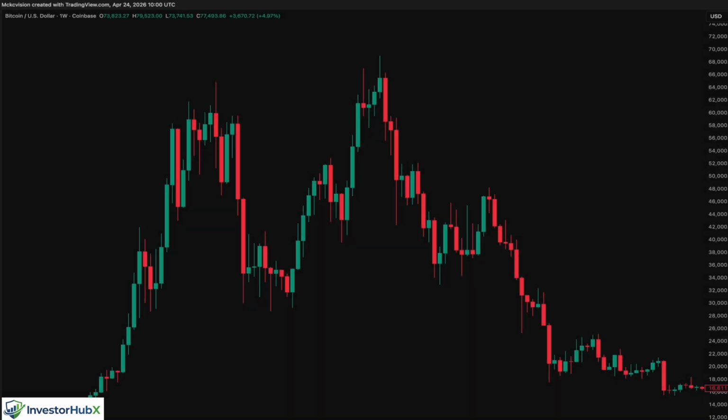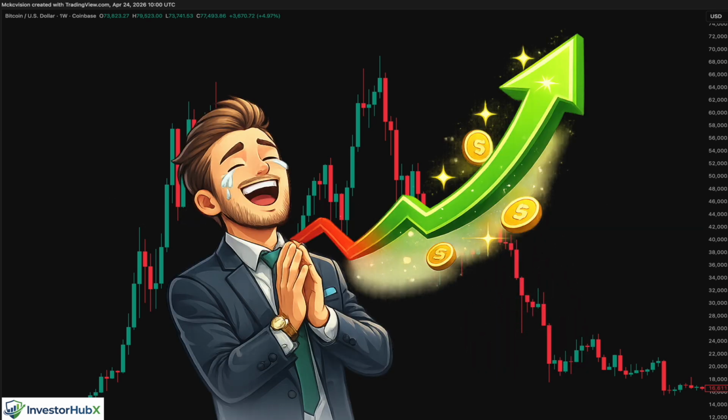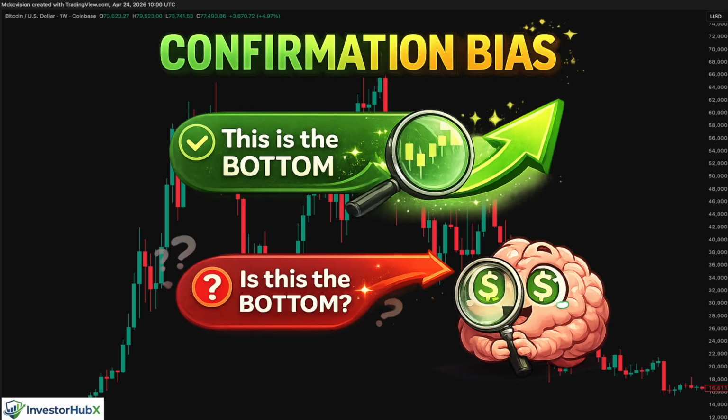So, why do traders get trapped in a dead cat bounce? It comes down to psychology. Markets are made of people, and people have a deep need to believe the worst is over. After a painful decline, any upward movement feels like relief, and that relief gets mistaken for recovery. This is where confirmation bias kicks in.